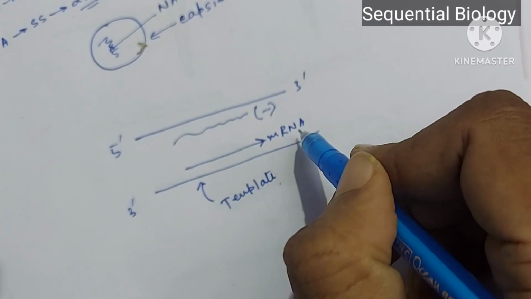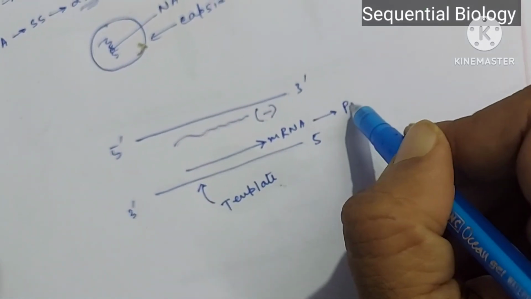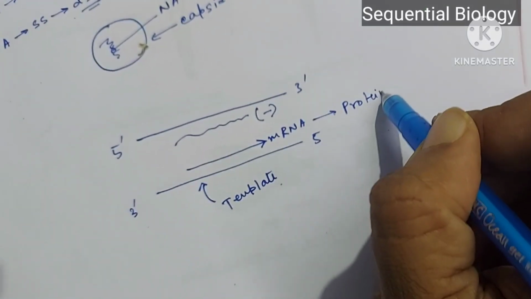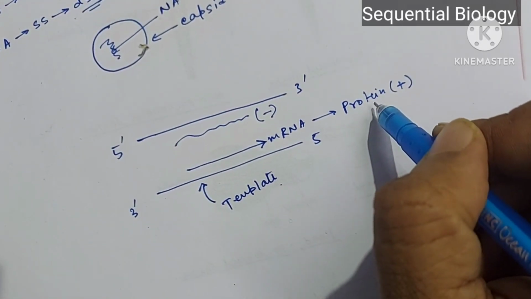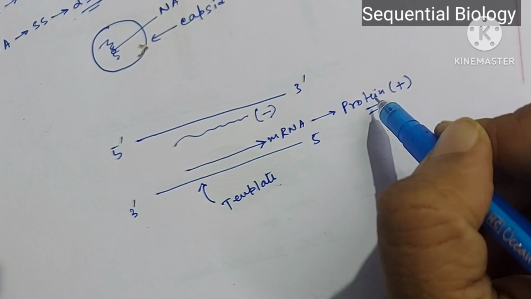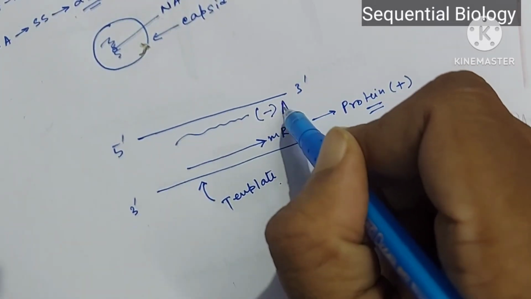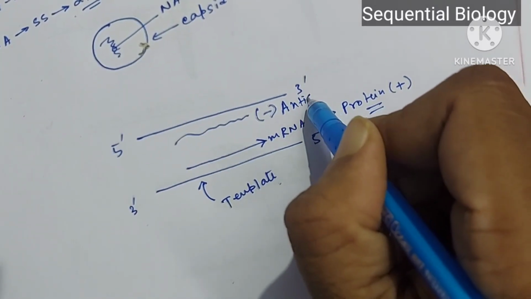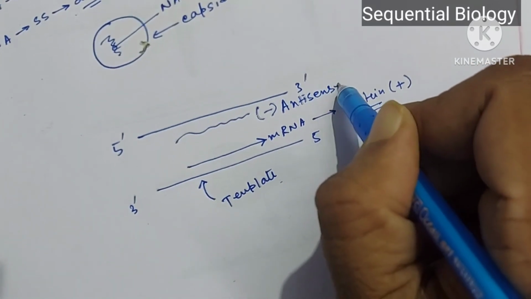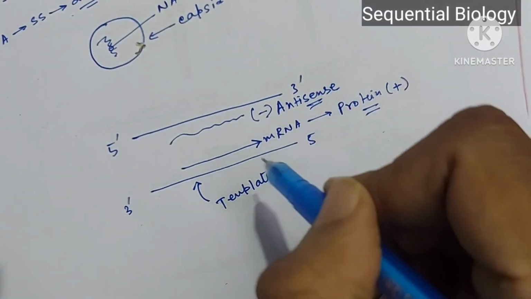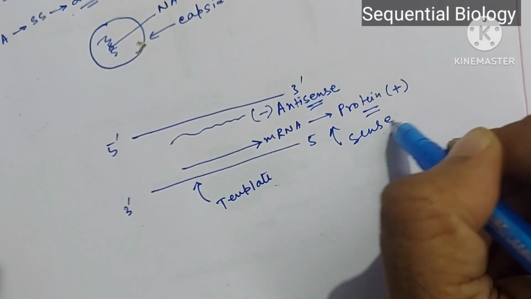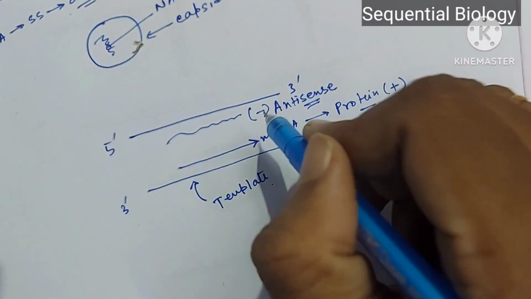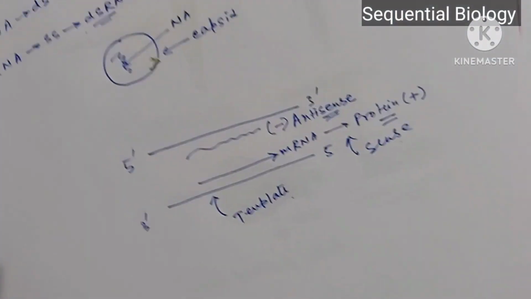That is, the mRNA which directly produces the protein is called the plus strand, and this is regarded as sense RNA. And the antisense RNA is called the minus strand in virology.